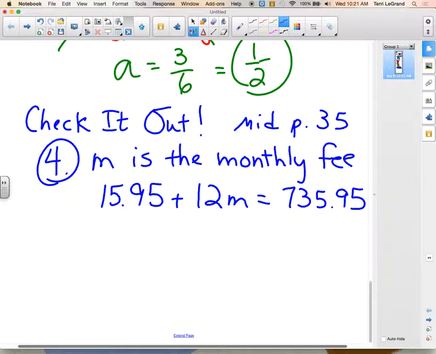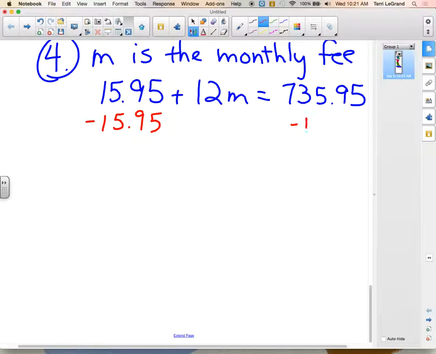Okay, and altogether this person must have spent $735.95. Okay, cool. Solve that equation to see how many months this person, Sarah, or not how many months, the monthly fee that Sarah was paying. Go ahead, solve this equation on your papers, in your notes. You don't need a calculator, this is actually pretty friendly.